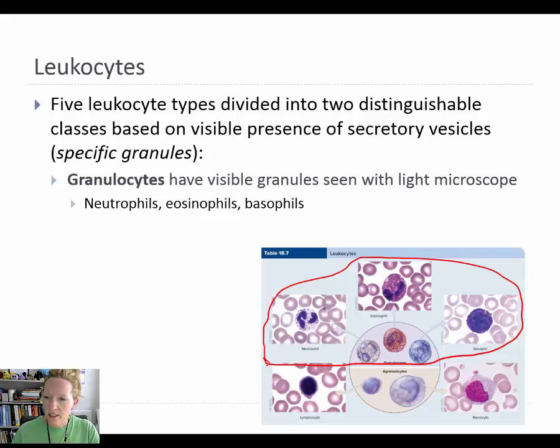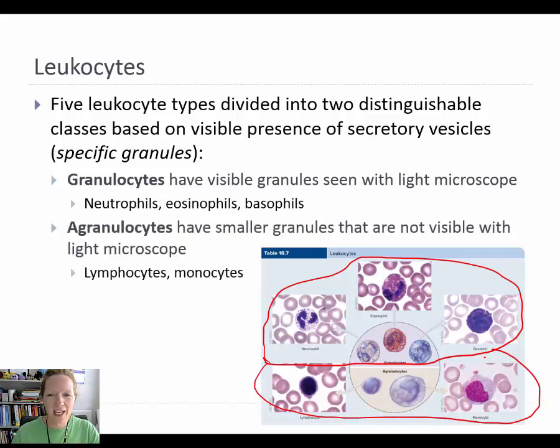And then the other 2 here on the bottom are going to be our agranulocytes. They're going to have either really, really small granules that you can't see on light microscopes or no granules. And these are the lymphocyte and the monocyte. Let's think back at leukopoiesis when we talked about that, and let's talk about the stem cell lines that they are going to originate from.